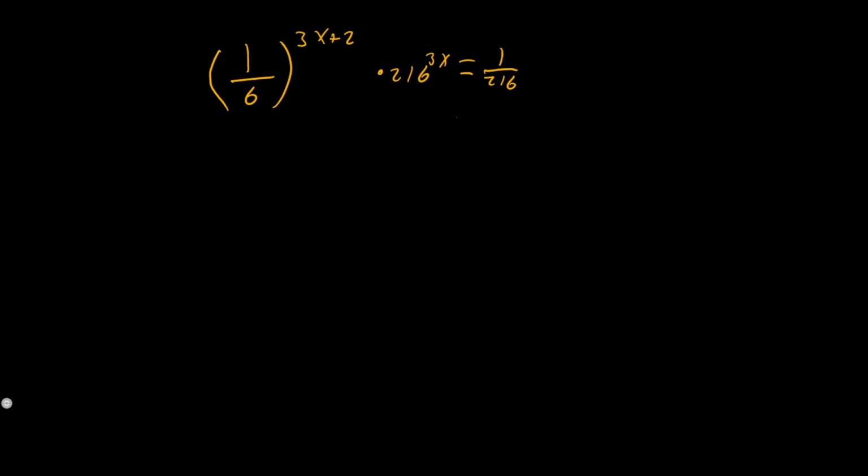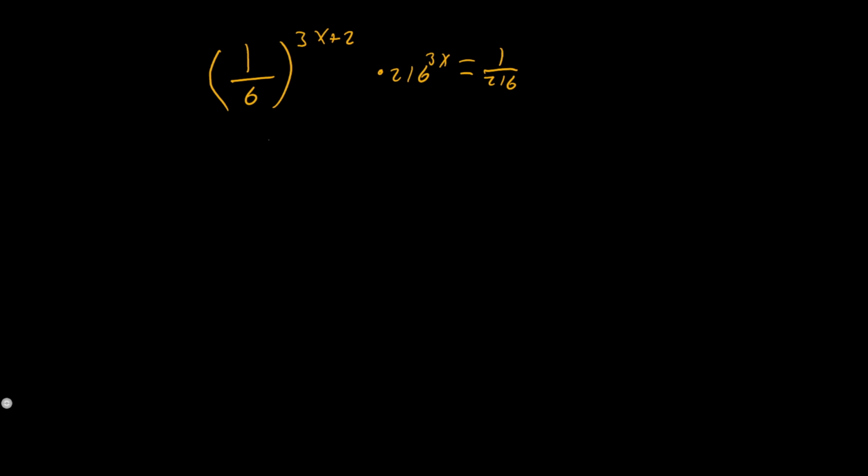So let's go ahead and see if we have any perfect powers. So we have 6 squared, which is equal to 36, and 6 cubed is equal to 216. And here we have 216 twice, so we can rewrite it as 6 cubed.